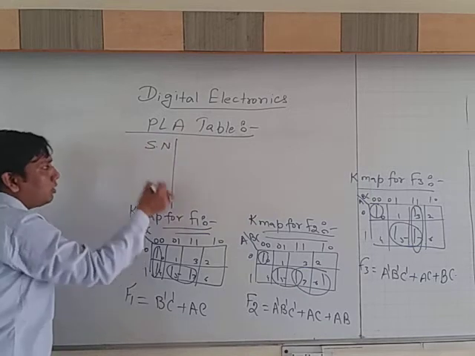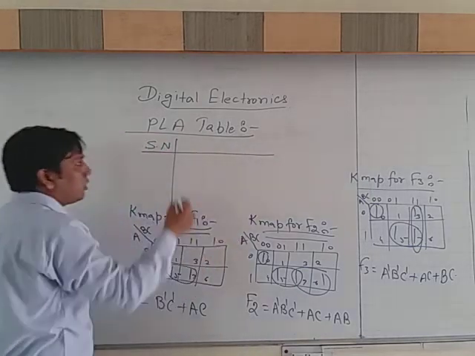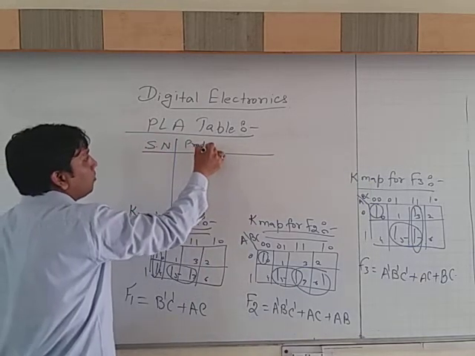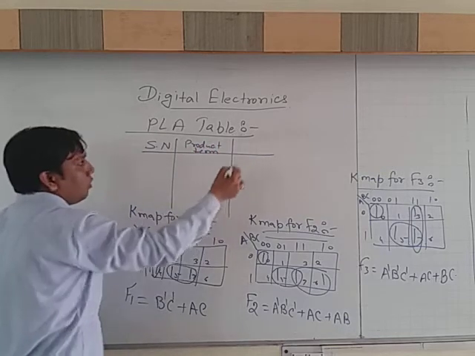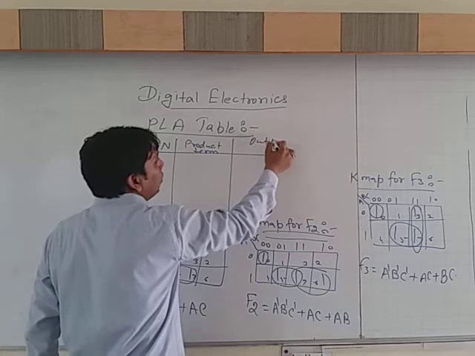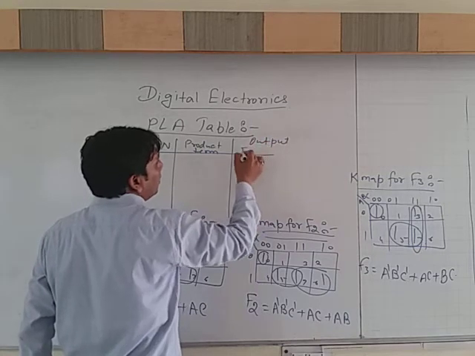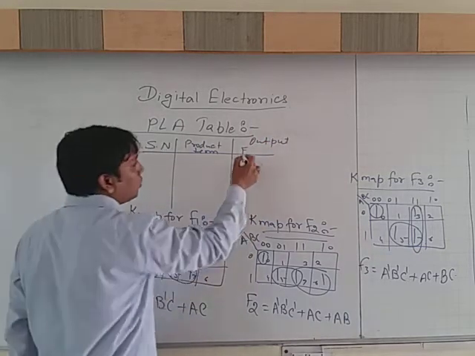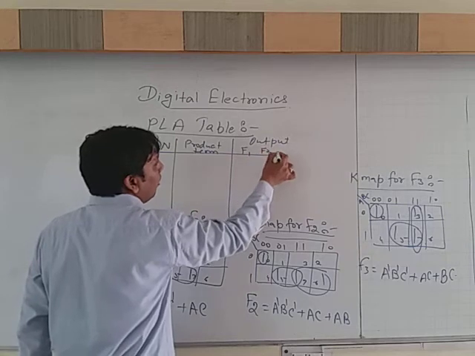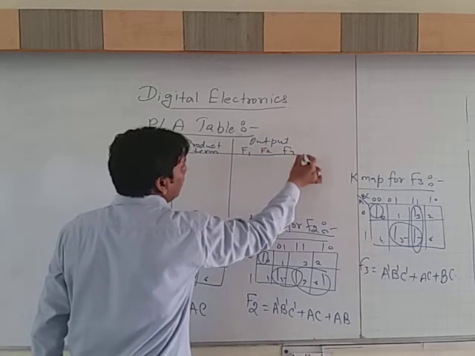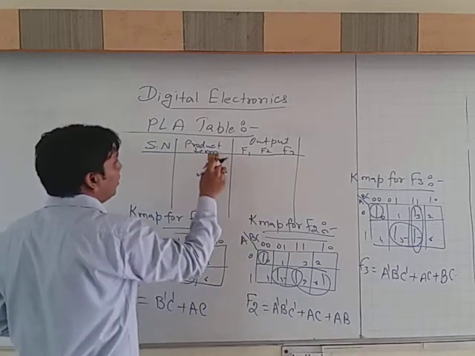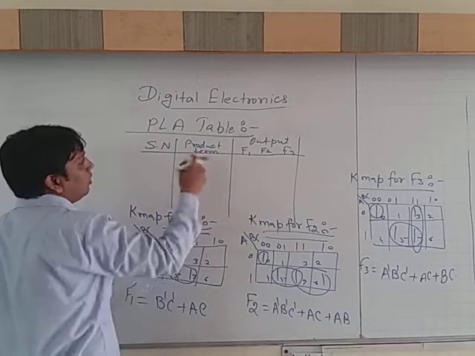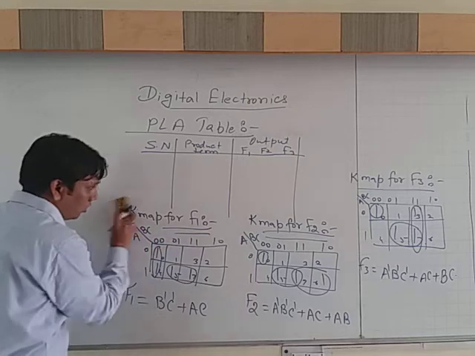The first column is serial number, the second one is product term, the third one is output. Here we have three output functions, f1, f2 and f3, and here we have the product terms.